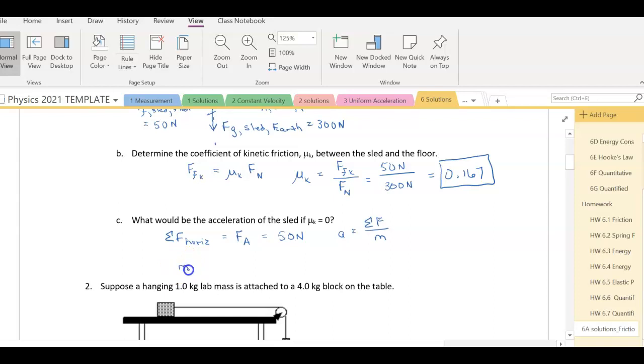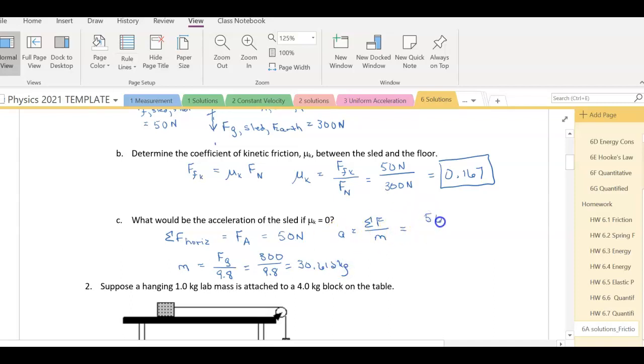I need to find the mass of the sled: the weight divided by 9.8, so 300 divided by 9.8 is 30.612 kilograms.